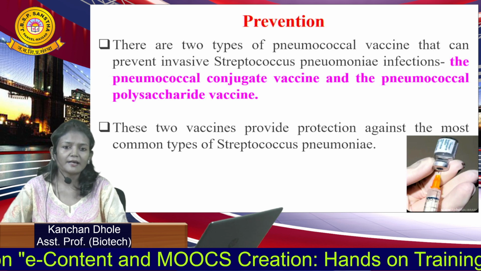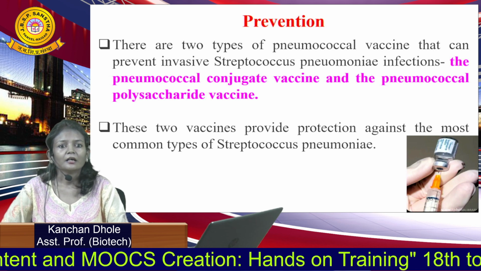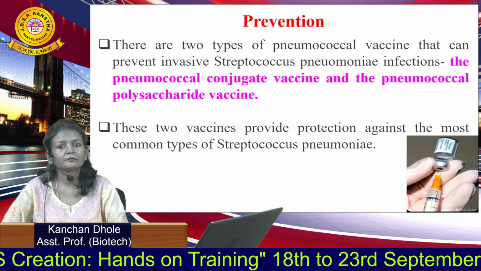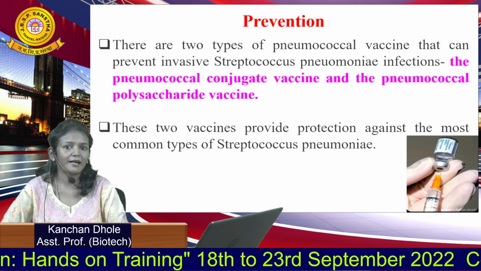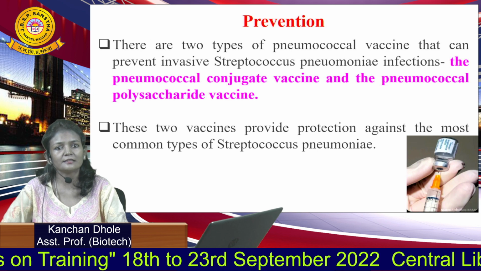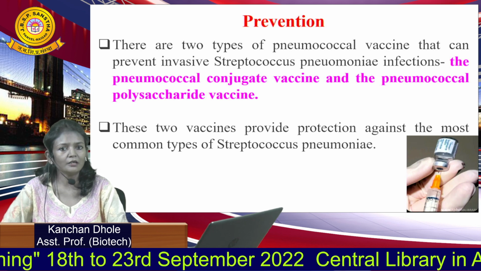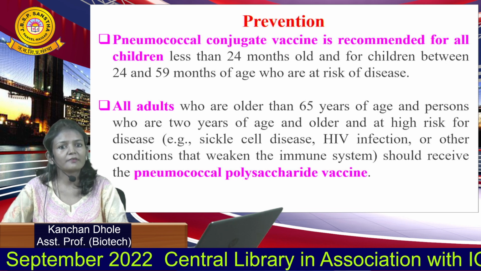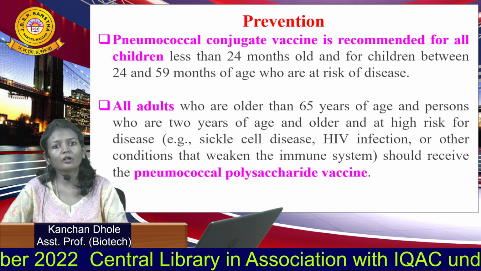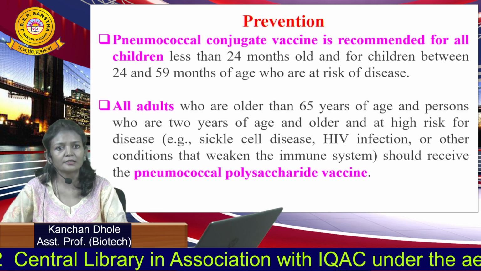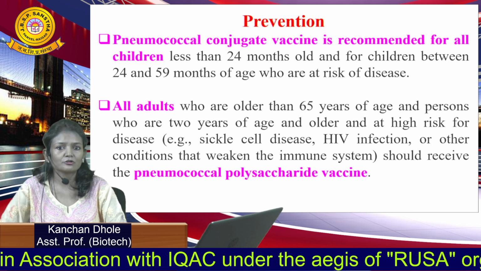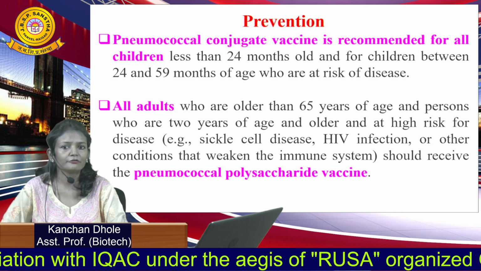Vaccines are widely available in the market, and they can prevent the infection from Streptococcus pneumoniae. The pneumococcal conjugate vaccine is recommended for all children less than 24 months and for children between 24 and 59 months of age who are at risk of disease.